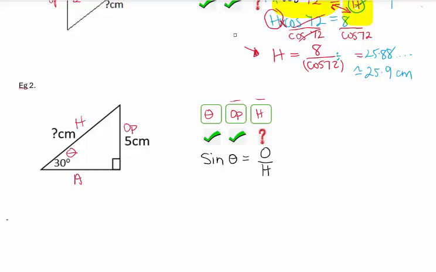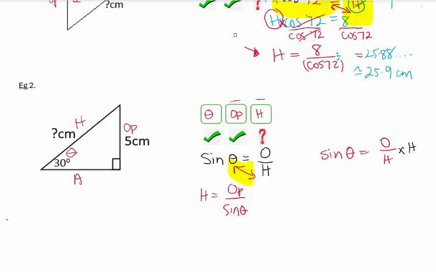Now effectively I can swap these two things and I would get h equals opposite over sine theta. Again, I'm going to show you algebraically. Sine theta equals opposite over hypotenuse.